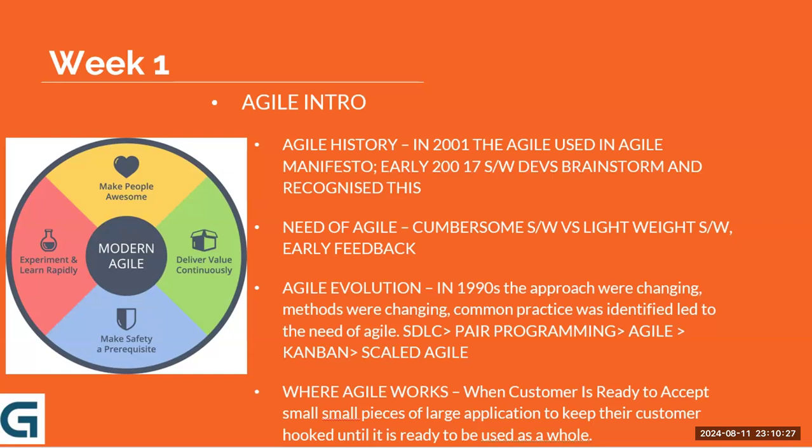So it was tiring, it was exhausting, it was not effective. It cost additional money and additional time. It was just not working out. Whereas lightweight means that after every development, in small chunks, we go back to the customer, so the customer knows what we are working on.